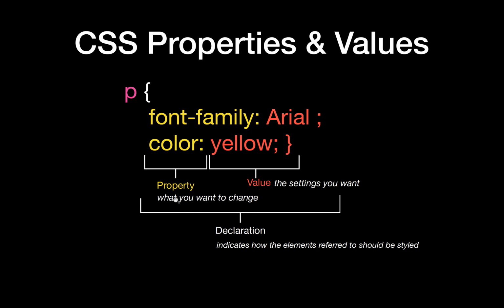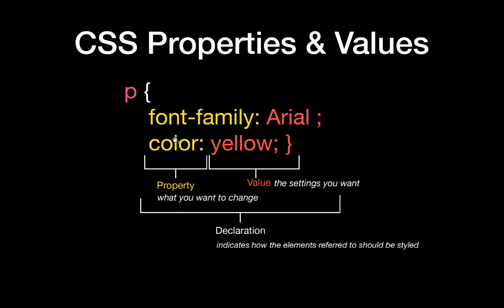The yellow here, the property, that says what you want to change, and the second part is known as the value, and that is the settings that you want, okay? So within our declaration, we are changing the property and we are changing the value, okay?